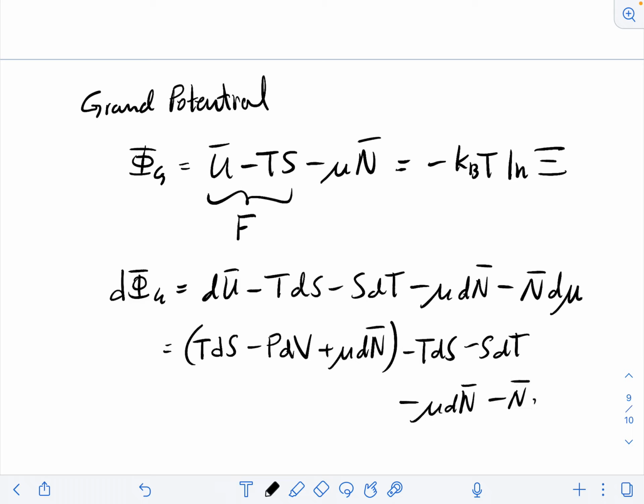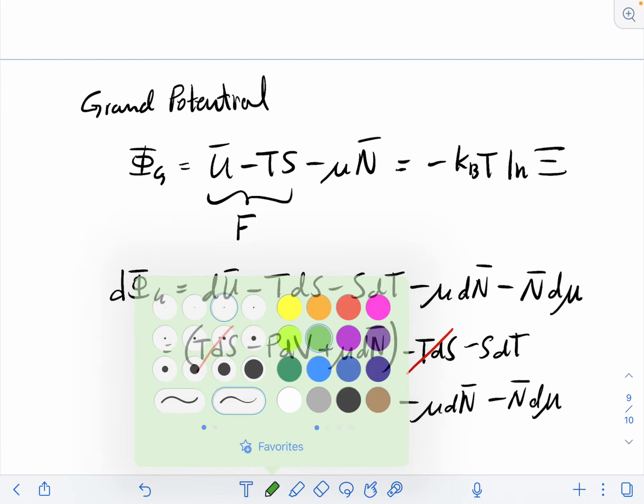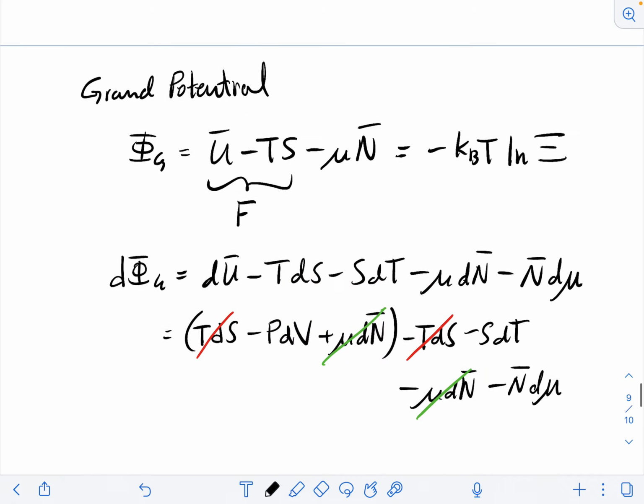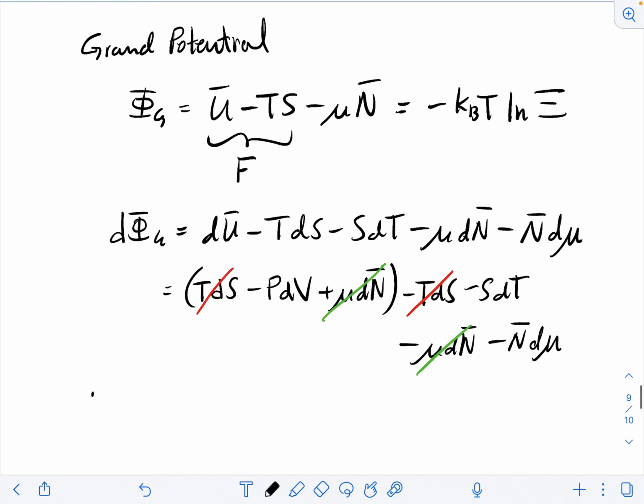Okay, and so there are some cancellations. The TdS cancels, and the mu dN cancels. So what we're left with is d phi_g is minus PdV minus SdT minus N d mu.